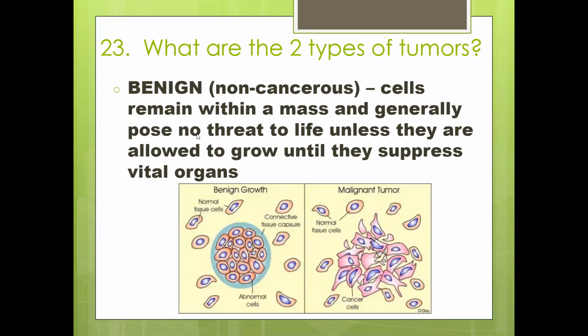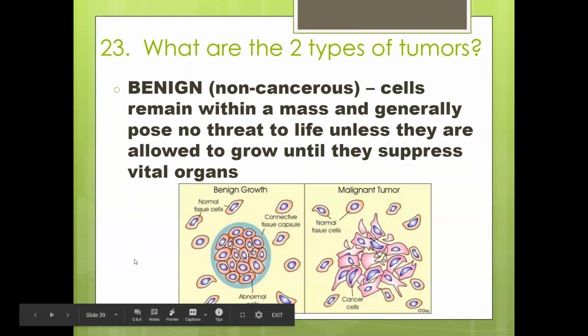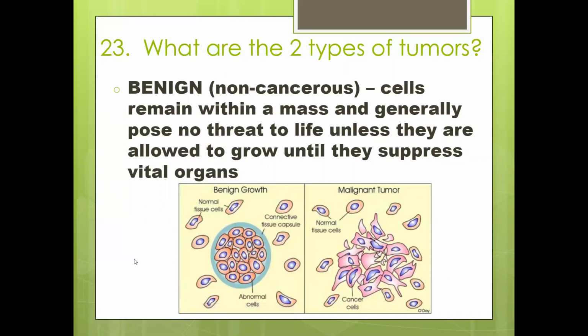So when you have a benign or non-cancerous tumor, the cells remain within the mass and they don't really pose a threat to your life unless they're forming in the middle of your brain or on your vital organs or somewhere dangerous like that. But they grow. And the reason that they're growing is because most tissues in our body have a thing called density dependent inhibition.